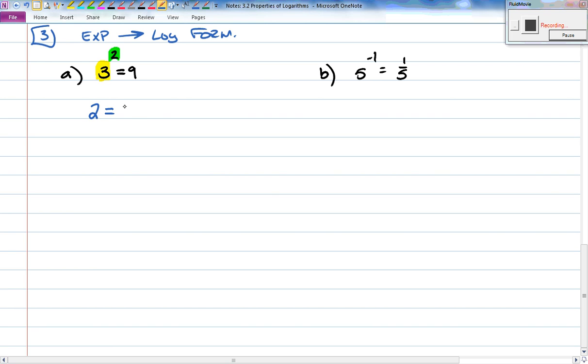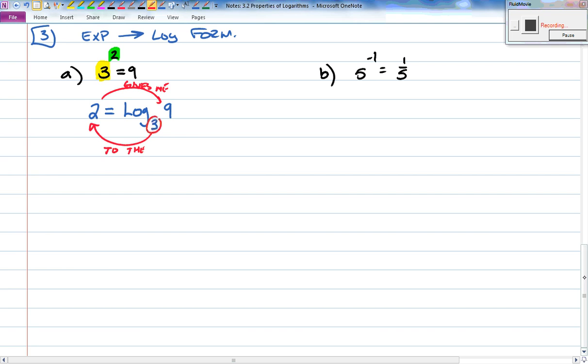2 is equal to log base 3 of 9. Okay? So I've changed it from exponential to log form. Here is how you check it. You start with a base. 3 to the 2 equals 9, or gives me, this is what I say in my head, okay? 3 to the 2 gives me 9.